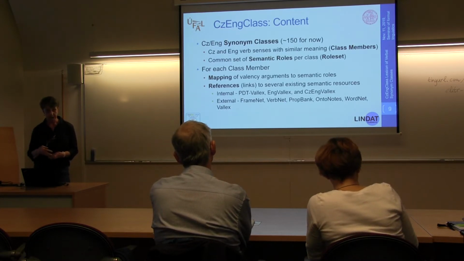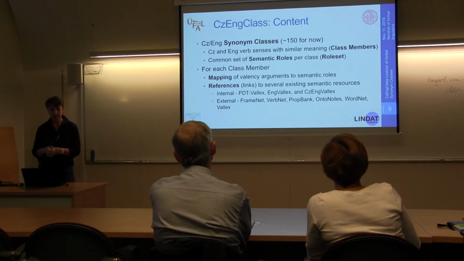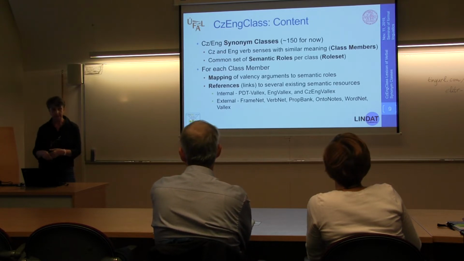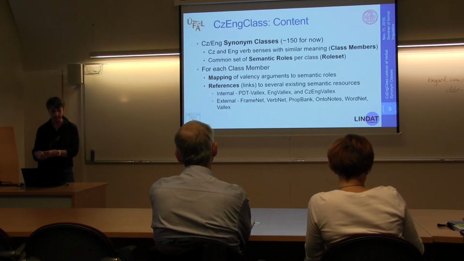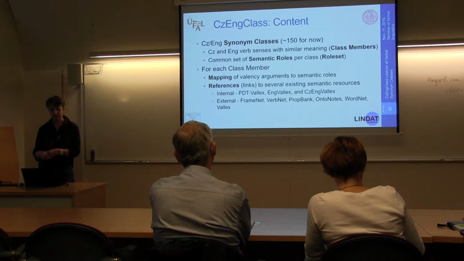Then for each class member, we map the valency arguments to semantic roles, and the annotators also annotate the references. They don't need to annotate the internal ones because they are included already, but they need to annotate the external links to the resources I have been talking about: FrameNet, VerbNet, PropBank, OntoNotes, WordNet, and Valex. We have the links stored in the lexicon.